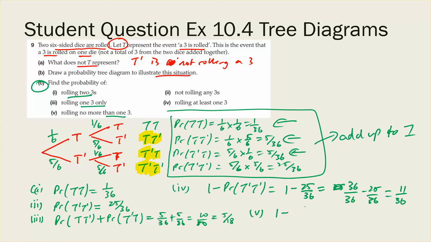I can go 1 minus the probability of two 3s, and that gives me the probability of rolling no more than one 3. We've already worked out the probability of rolling two 3s is 1 over 36. So the answer is 35 over 36. And that's how you do question 9.